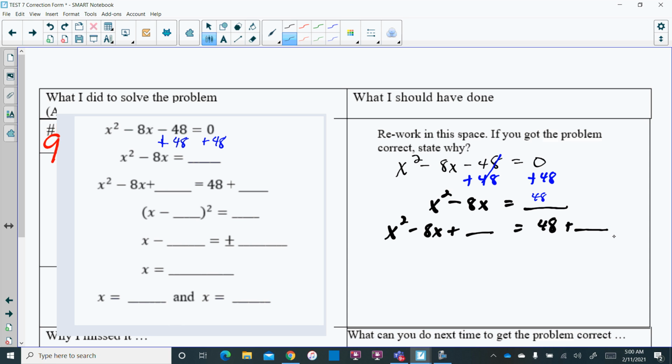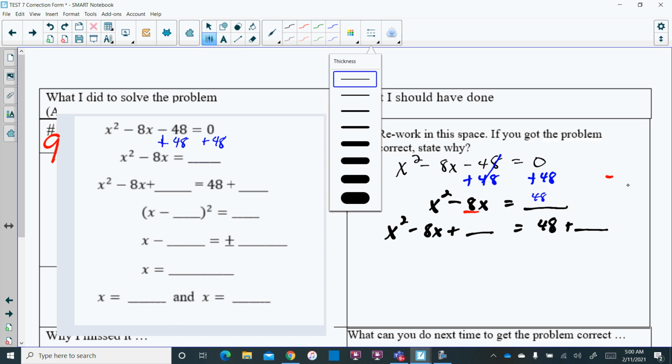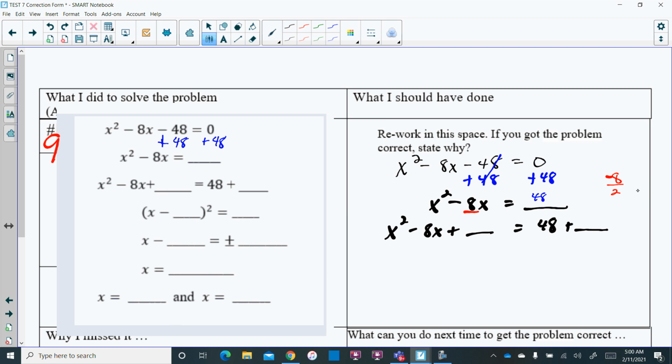From this step, we take half of our b, which is negative 8. Half of that gives us negative 4, and then you square it, which gives us 16. We add that 16 to both sides. That's what I was looking for in the next set of blanks.